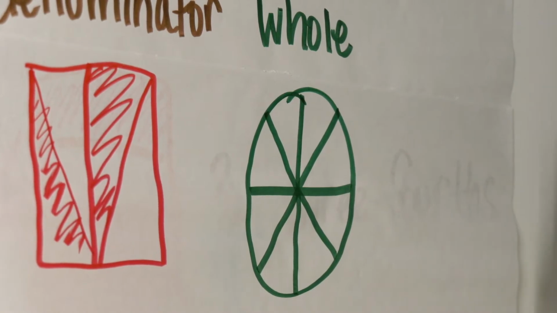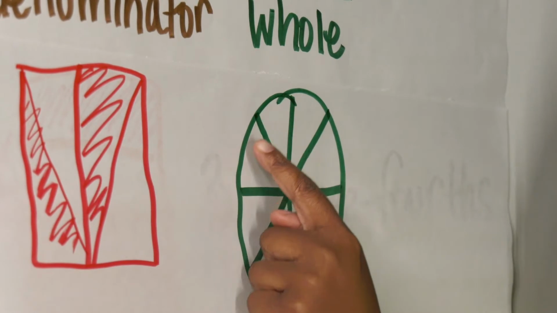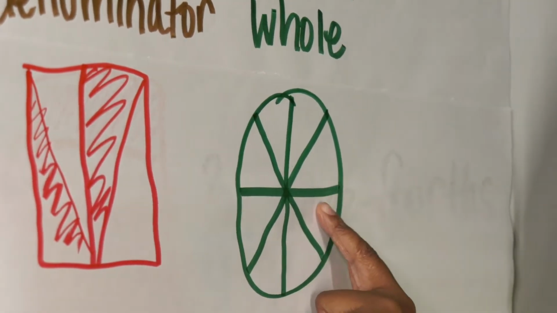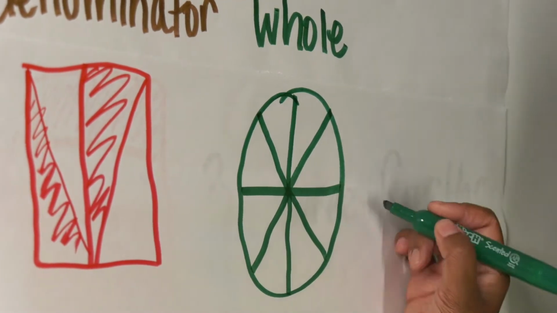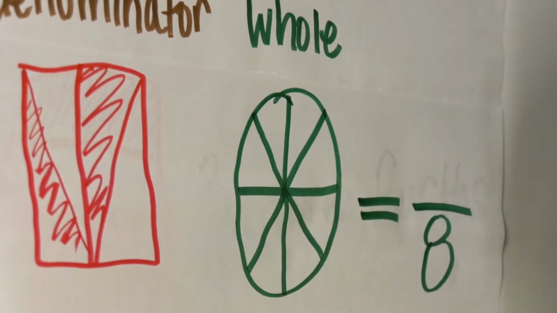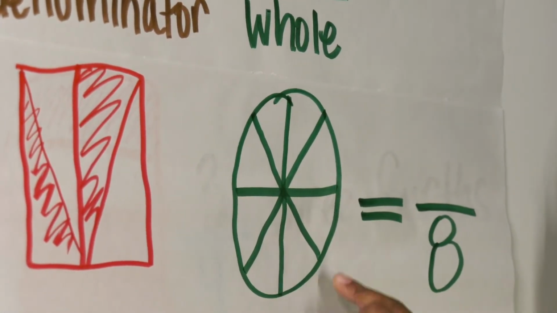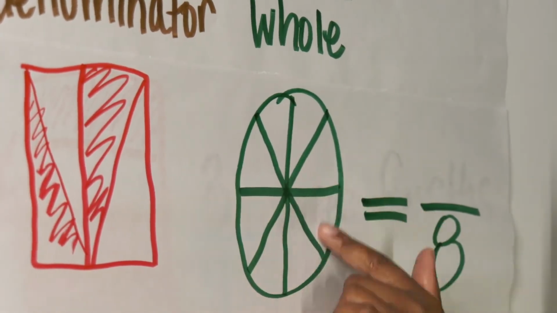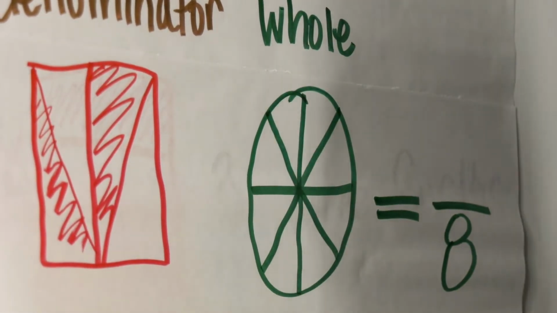And this circle has how many parts? 1, 2, 3, 4, 5, 6, 7, 8. So my whole is in eighths. 8 is my whole number because that's how many parts or pieces this circle is being split into.